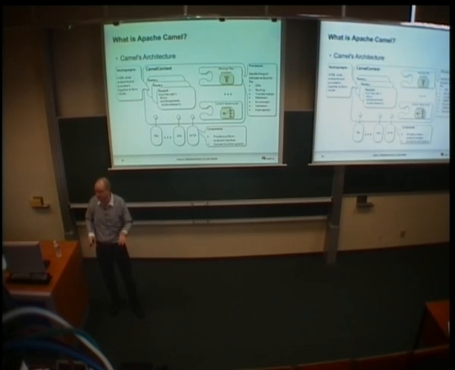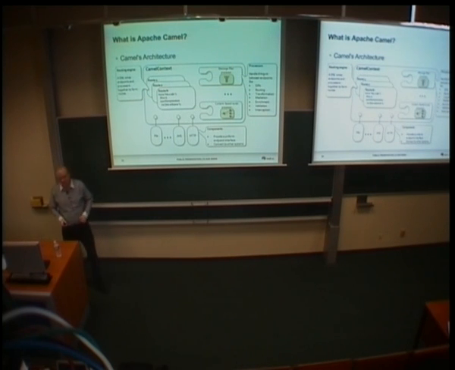Or in an OSGi bundle, you can also have multiple Camel contexts, and they will be separated from each other. So it's your choice. Often we see that people have one Camel context per application, and then they have multiple deployment units in their container because they need the logical separation between the applications. But you can have multiple. It's your choice.